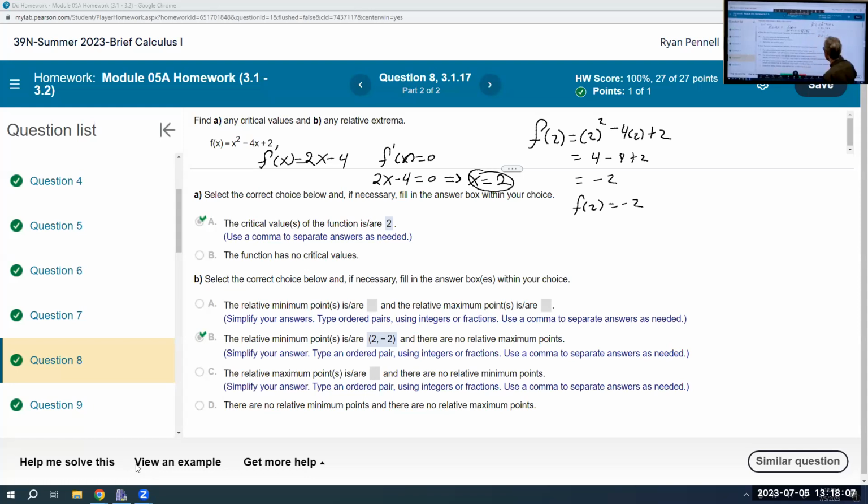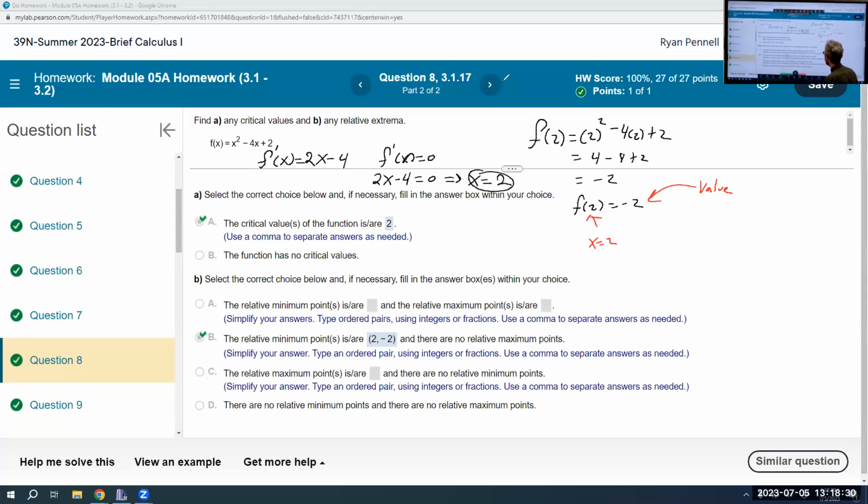That's the value. Switch colors, kind of annotate this. That's x equals 2. That's where it occurs. So the critical value of the function is at x equals 2.